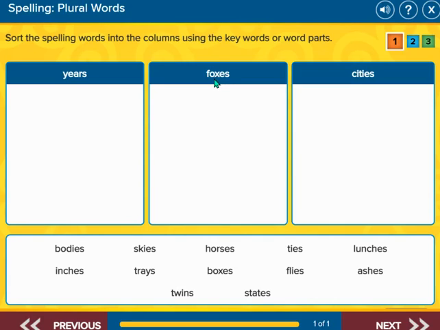The second group has the word foxes, so any word that has the ES plural spelling will go in this group. The third group has the word cities, so any word that follows this spelling pattern would go into this group. So any words where the Y was changed to an I and added ES.